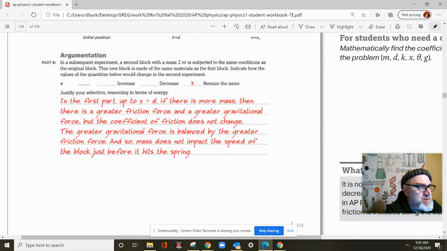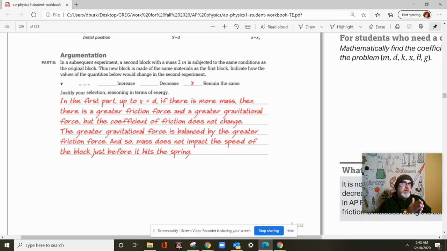The second block is subjected to the same conditions, same materials. Right, it would remain the same because the coefficient of friction, that's what the whole experiment is about. And the coefficient of friction is related to the two surfaces. What are they made out of? How sticky are the two surfaces when they rub against each other? That's what the coefficient of friction tells us.